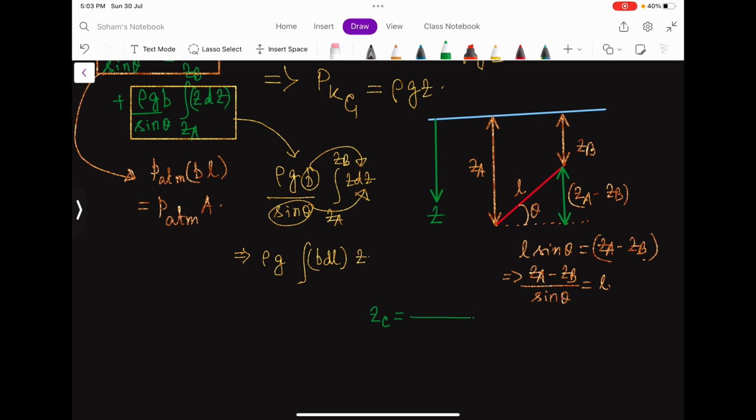The formula is integral of dA into z divided by integral of dA.